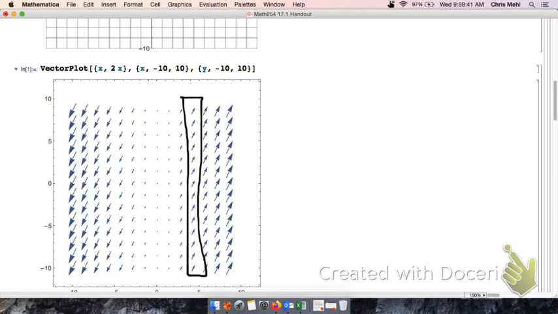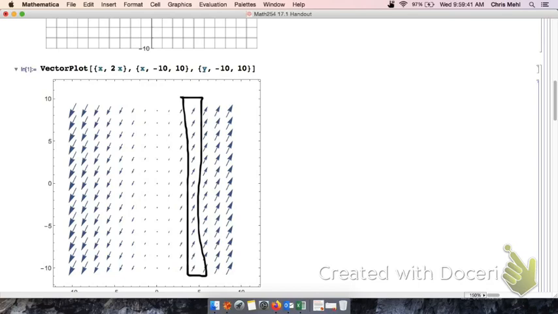One thing that I might want to notice is that I don't necessarily know if these vectors are up to scale. You'll notice as you move to the right or to the left, the vectors are increasing in magnitude, so as the x-coordinate increases, the magnitude of the vectors is growing.